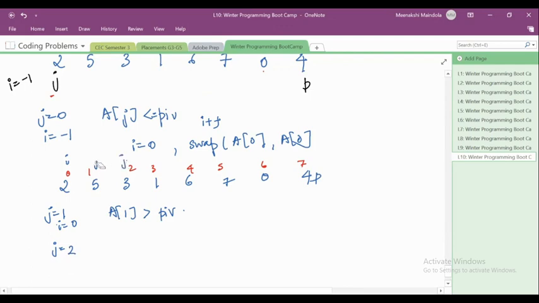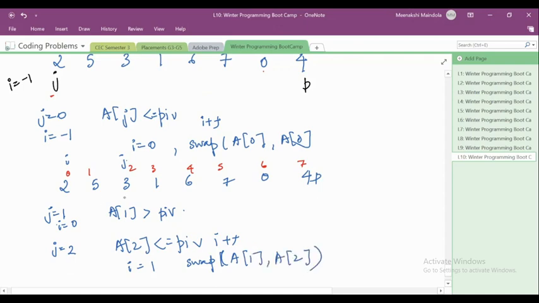Now you have a of j, which is a of 2, less than or equal to the pivot element. So in this case, you increment the value of i, you do i plus plus. So i now becomes 1 and you swap a of j and a of i. So a of i is a of 1 and a of j is this.